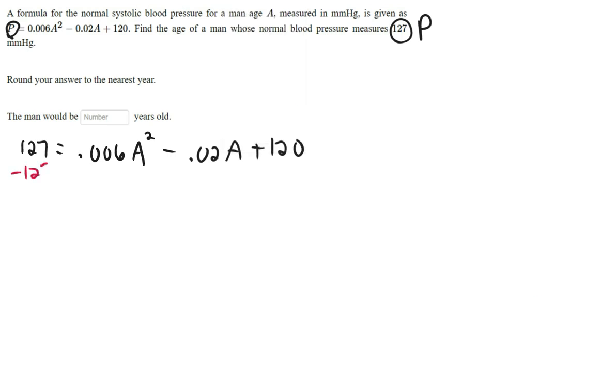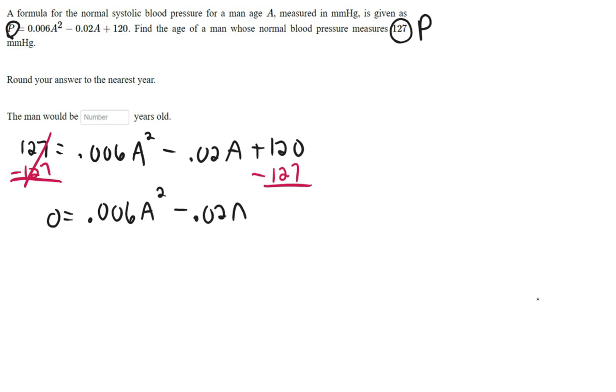So I'm going to subtract 127. What I do to one side, I have to do to the other. It cancels out over here. There is my 0, and that's equal to 0.006a squared minus 0.02a, and then plus 120 minus 127, which is negative 7.